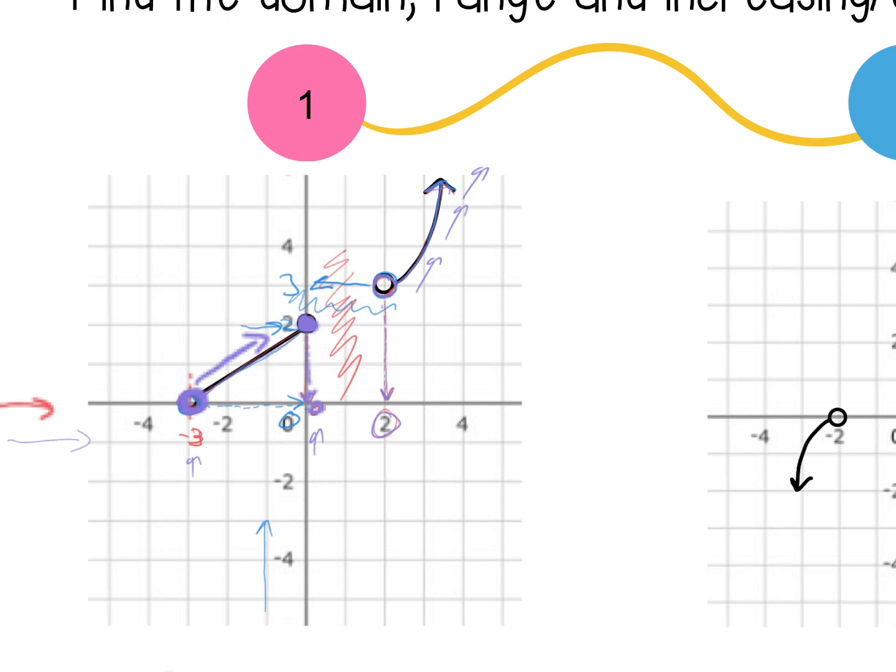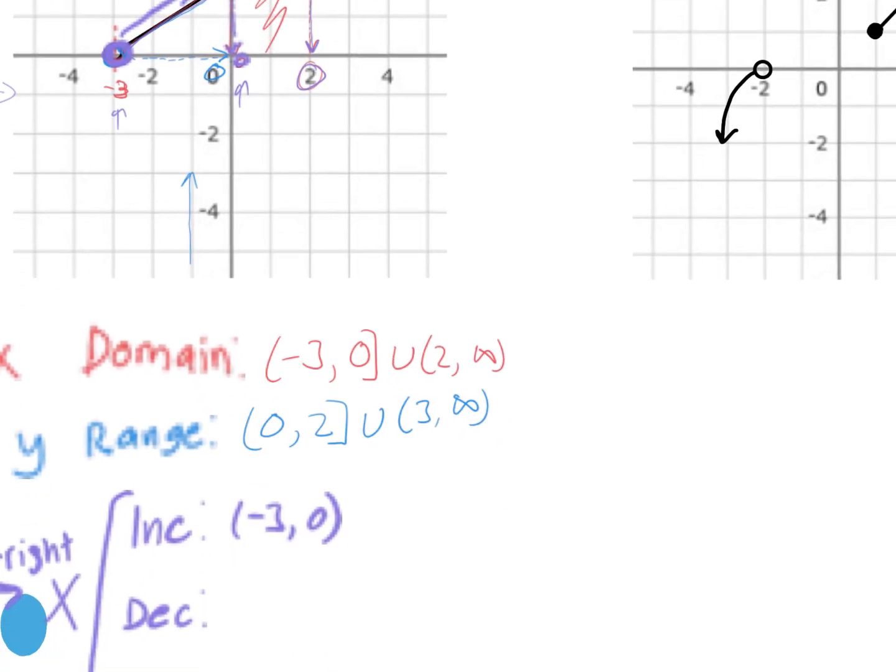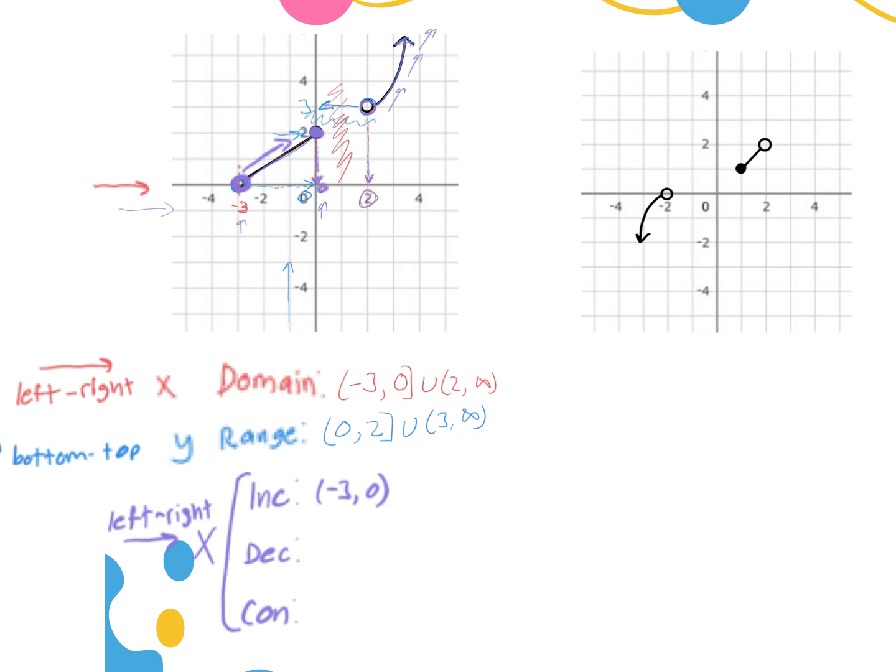As we're going up, this means that we're still increasing. So I'm going to write a union. And from 2 to infinity, it doesn't look like we stop increasing, is going to be your interval of increasing. Notice that your interval of increasing looks like your domain.